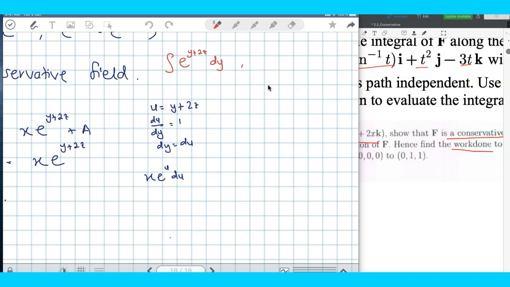So you let u equal y plus 2z, and now you want to replace everything in terms of u, so you need to find dy in terms of du. Differentiating u with respect to y gives 1, so dy is equal to du. Once you substitute back into your integration, you have e to the u du. When you integrate, you have e to the u back, so you get e to the y plus 2z. That is how you obtain this one.